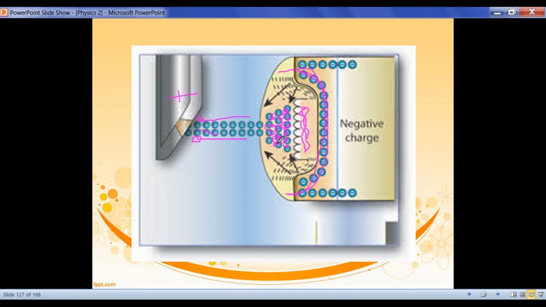Dahil marami po sila, magpuproduce po sana ang filament ng additional electrons, pero dahil meron na pong naka-standby dito, nire-repel po nila yung mga lalabas pa sana na electrons. Ang tendency ay nababalik siya dito. Yan po yung sinasabi natin repulsion.